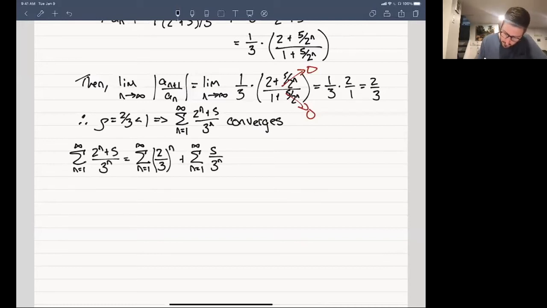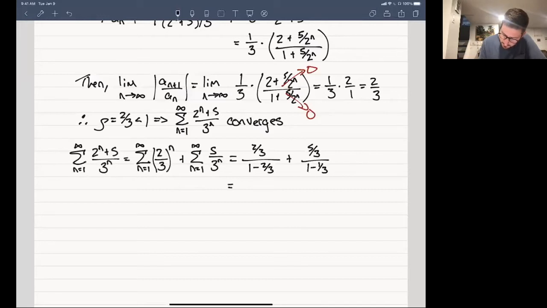And so these are both geometric series. The first term in the first sum is 2/3. The ratio is 2/3 as well. So a divided by 1 minus r. Similarly, the first term in the second series is 5/3, and the ratio is 1/3 this time.